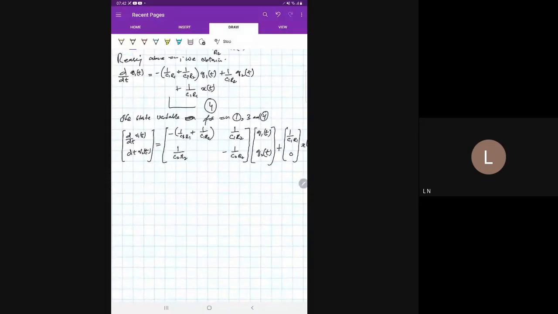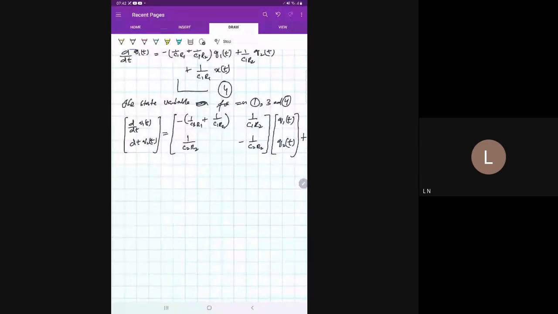For equation 1, we can represent it in matrix form in this fashion: y of t will be equal to minus 1 by r1 and 0, multiplied by q1 of t and q2 of t, which is the state variable vector, plus 1 by r1 into x of t.